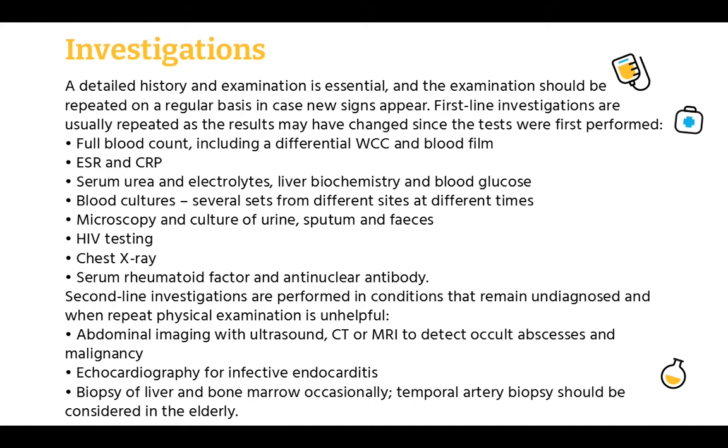Full blood count, including a differential WCC and blood film, ESR and CRP, serum urea and electrolytes, liver biochemistry and blood glucose. Blood cultures, several sets from different sites at different times. Microscopy and culture of urine, sputum and feces. HIV testing, chest X-ray, serum rheumatoid factor and anti-nuclear antibody.